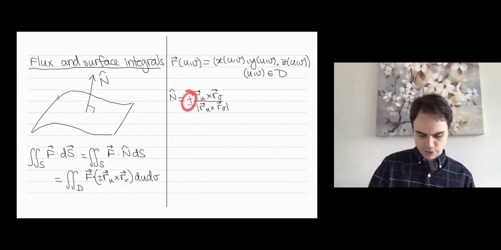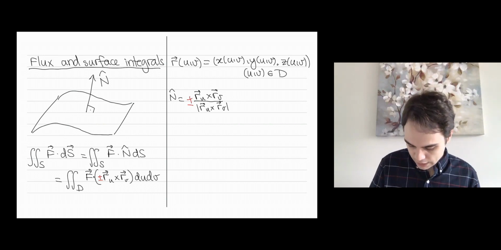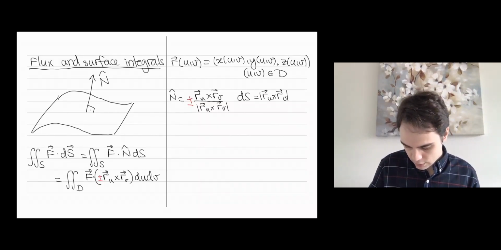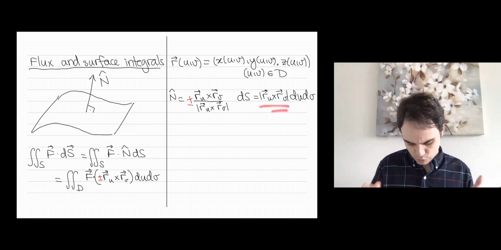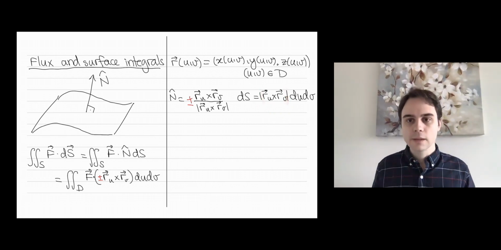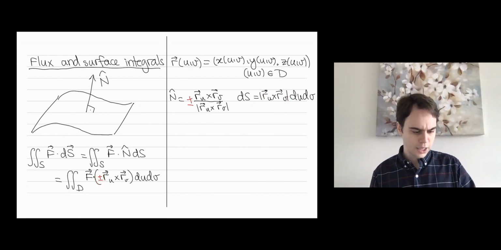So n is this quotient. dS, the area element on the surface, on the other hand, is the length of that cross product times du dv. And so when you multiply n times dS, you get something that's easier to compute than dS because there's one fewer step. You don't have to take the absolute value, but on the other hand, you still have to decide a sign.